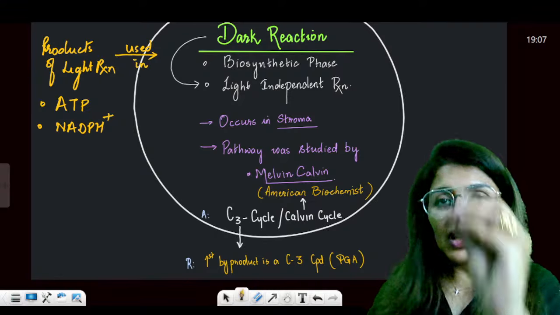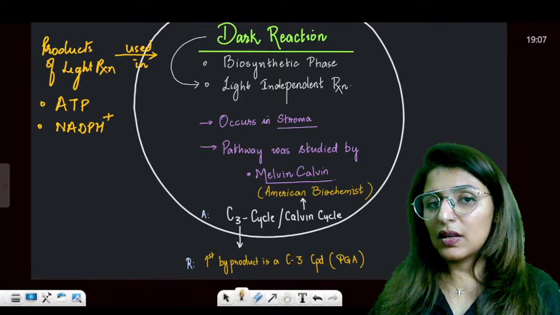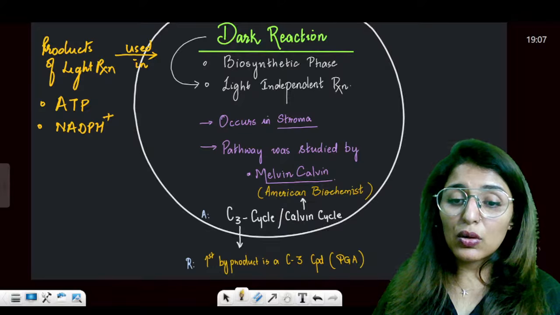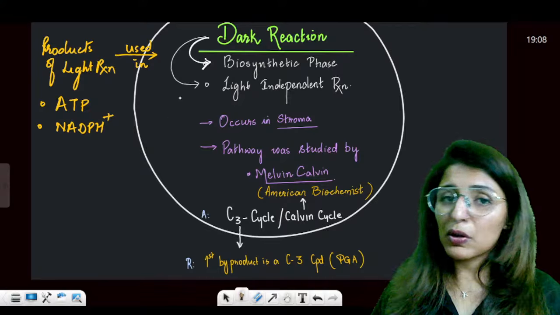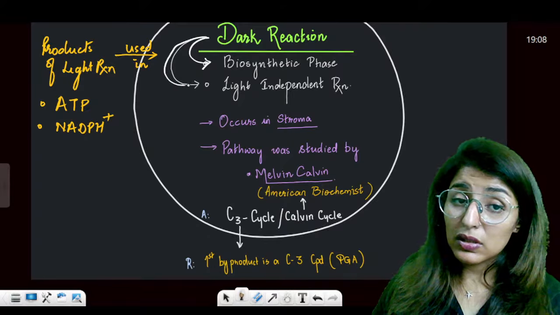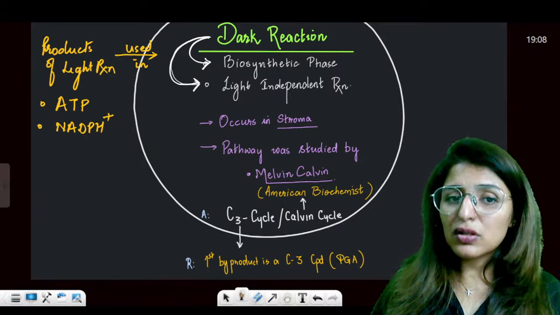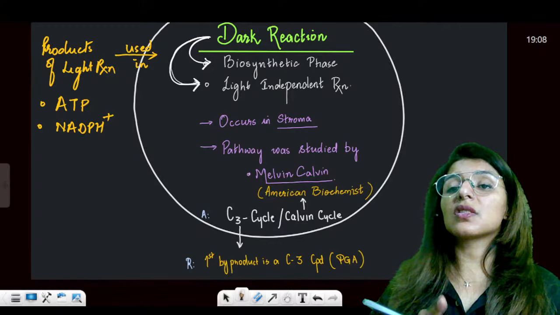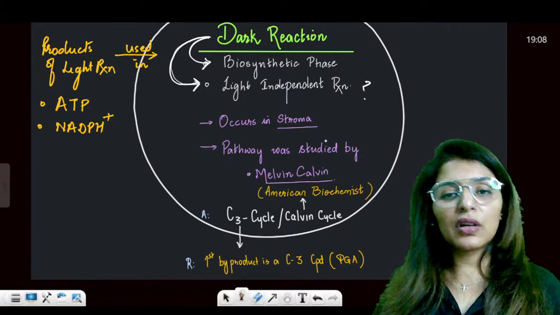That is why without light reaction, dark reaction can never take place. I told you this one is known as the biosynthetic pathway or phase, because some biosynthetic organic molecules will be synthesized. Also known as light independent reaction, although it is not a very good name for it.